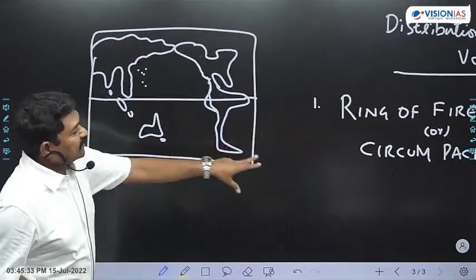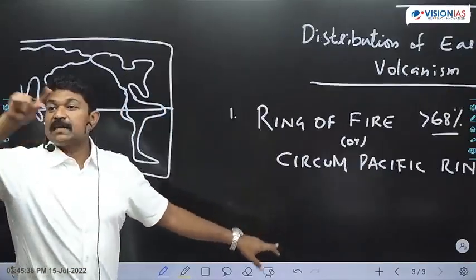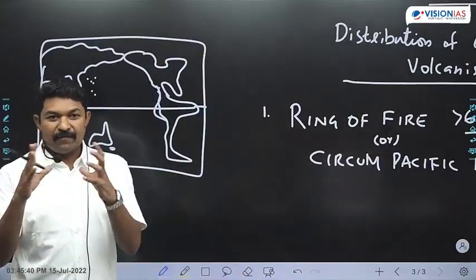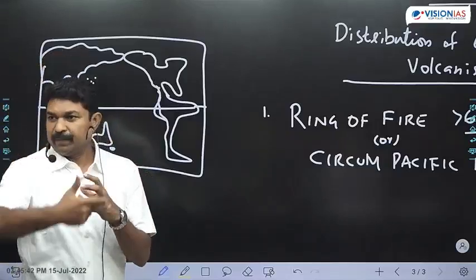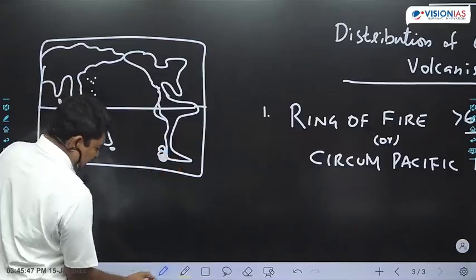What do you mean by circum? What do you mean by Circum-Pacific Ring of Fire? Nothing but the circumference. What do you mean by circumference? Around the body. If this is the Pacific Ocean, around the Pacific Ocean, like this, let me take a different color.